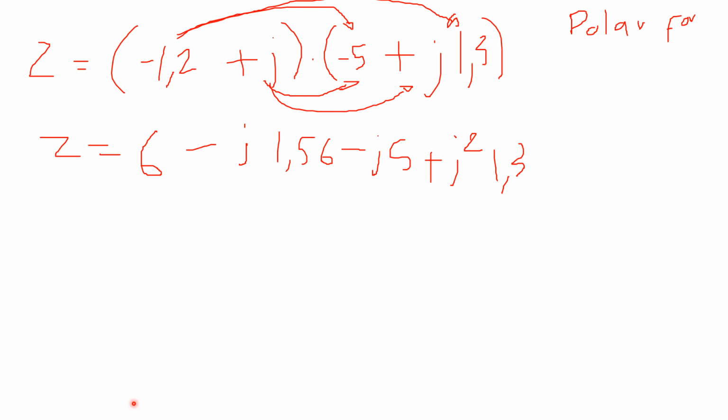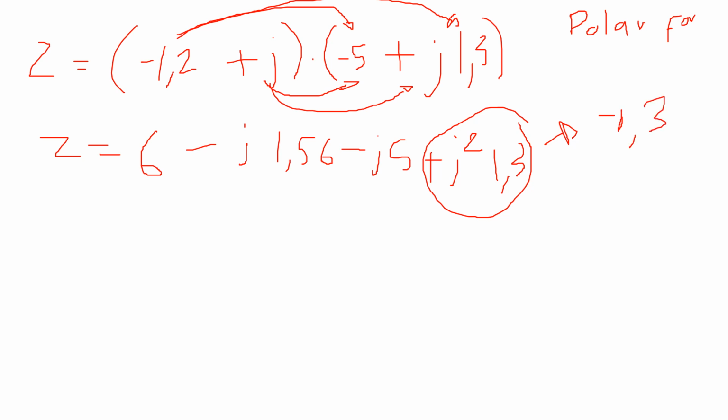Okay. So now we have simplified our expression. We must now simplify this j to the power of 2. Remember, j to the power of 2 is equal to negative 1. So now we have negative 1 multiplied by 1.3, which is the same thing as negative 1.3.